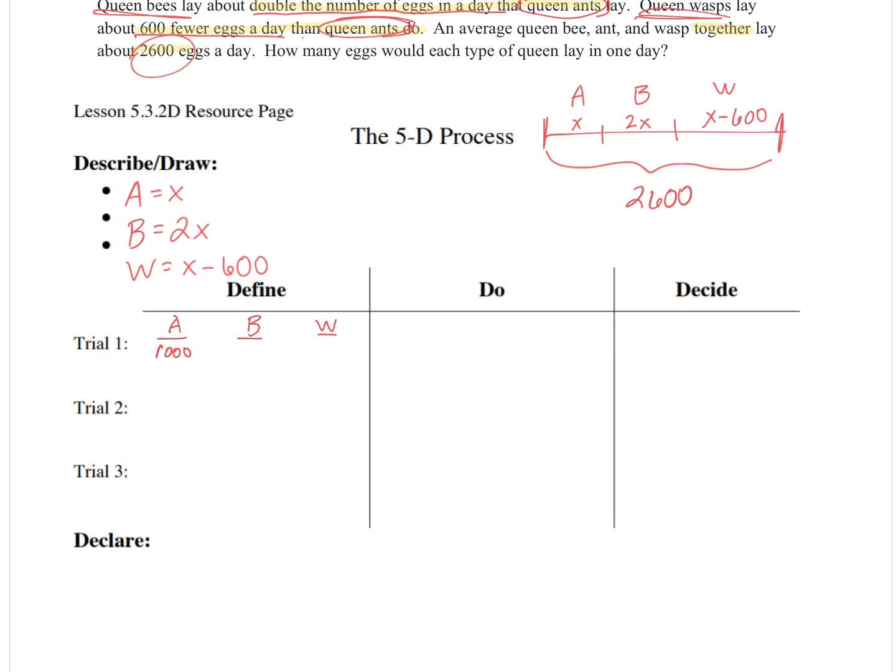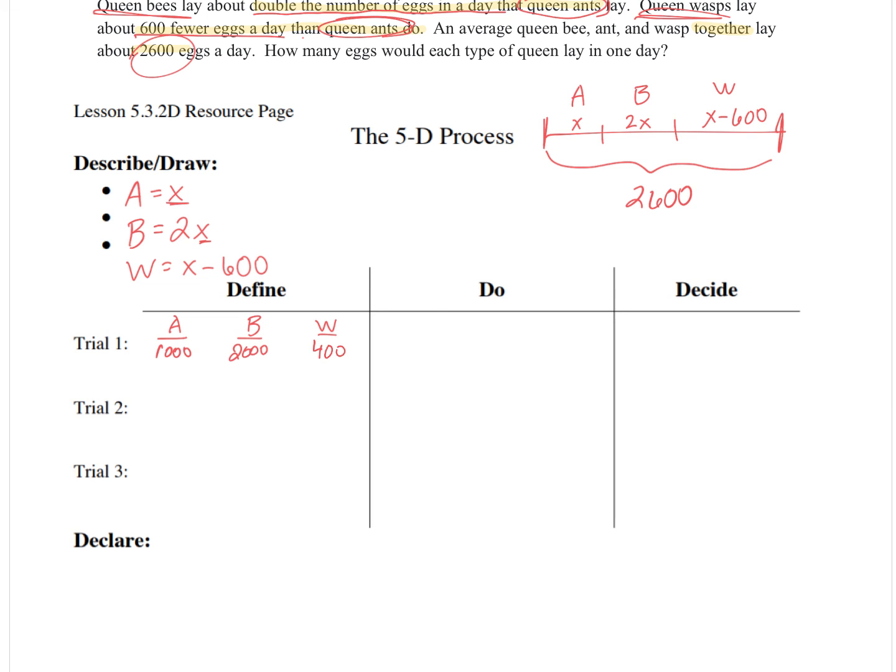If a queen ant lays 1,000, so X is equal to 1,000, then B is equal to 2 times X, so 2 times 1,000, 2,000. And then wasps is going to be the number of eggs that a queen ant lays minus 600. So if a queen ant lays 1,000 eggs, a queen wasp would lay 400 eggs. 1,000 minus 600 is 400.